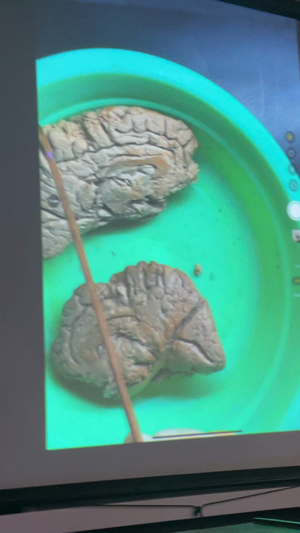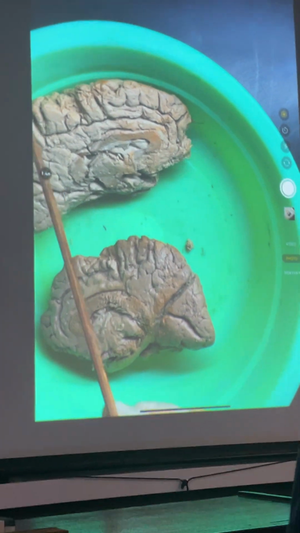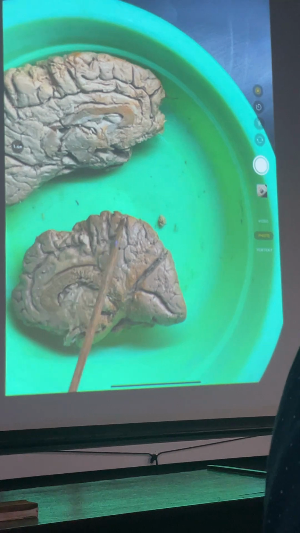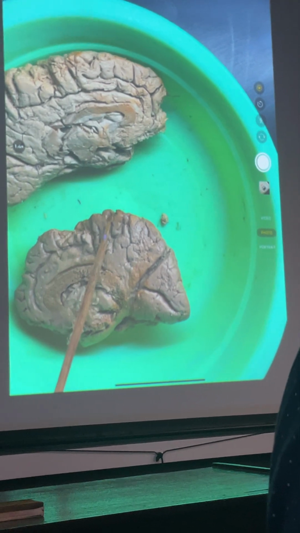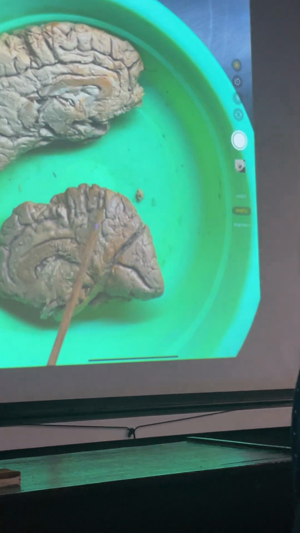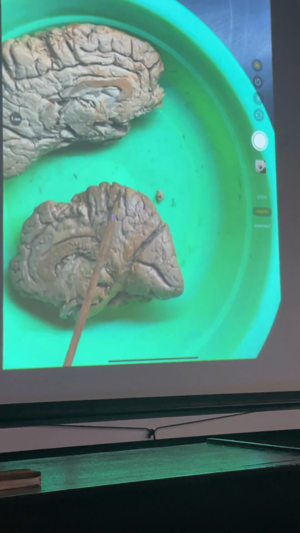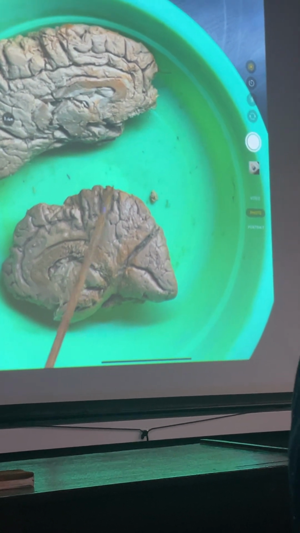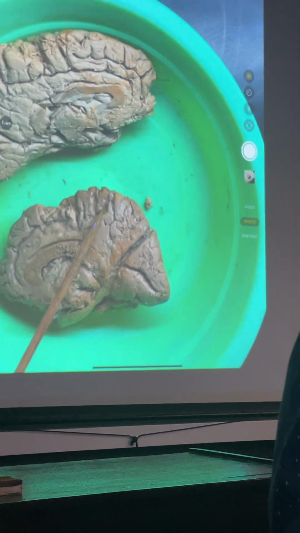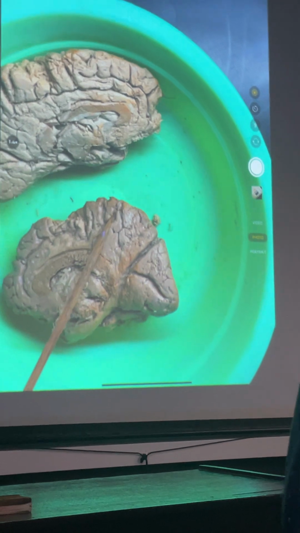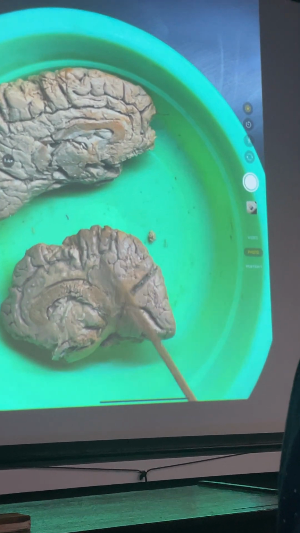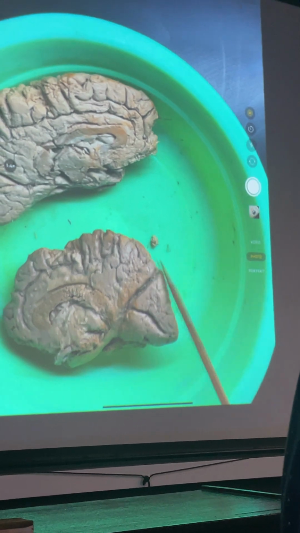So in this part, if this is the paracentral lobule, you have here the central sulcus of Rolando, and this one here is the marginal sulcus. Did you get it?